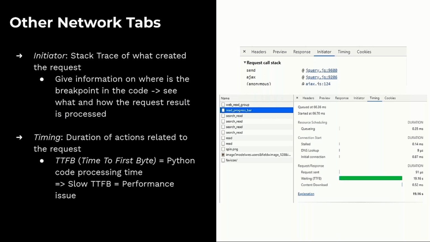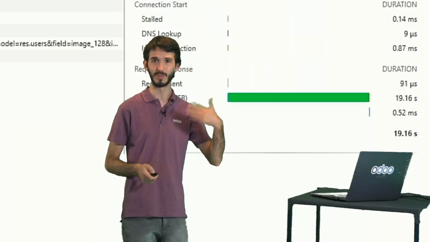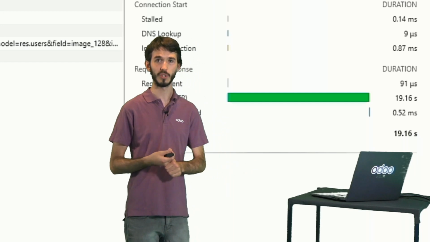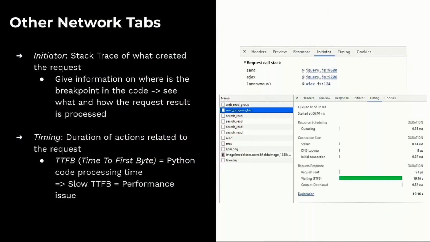In this example, we can see that with the progress bar, it took 20 seconds to execute on Odoo, but in this case in particular it is normal because I created 100,000 CRM leads in order to slow the process down. And the last one, the content download, is the time it took to really fetch the total reply. If it is slow, it means that you have a bad connection. But if the TTFB is slow, it means that Odoo spent a lot of time processing it, so it can be a performance issue.